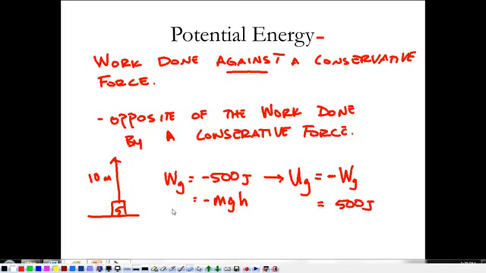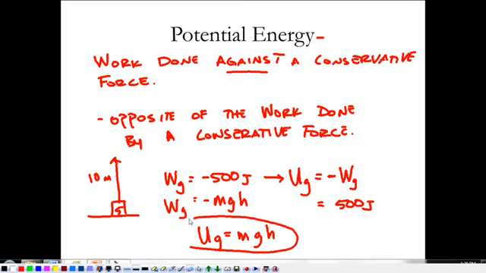500 joules. So if the work done by gravity is negative mgh, our general expression for gravitational potential energy, U, is positive mgh. Now, just a couple notes on potential energy. We use U when we talk about potential energy.